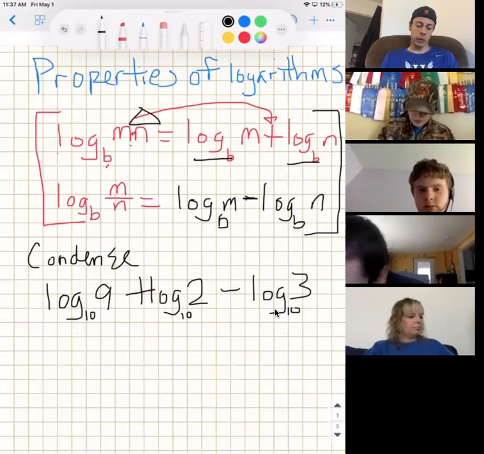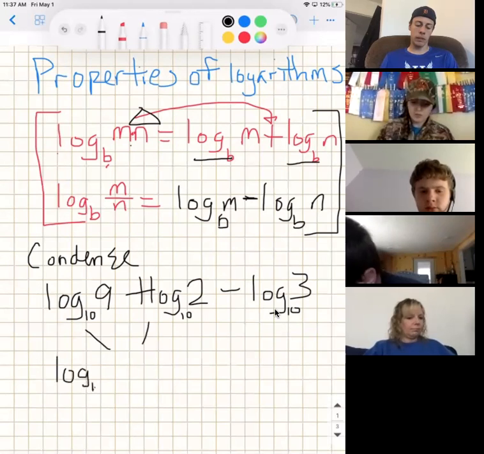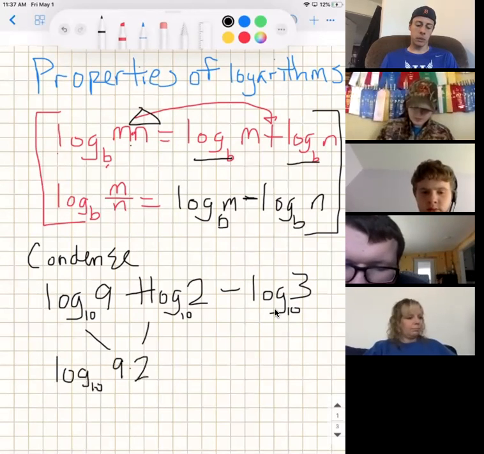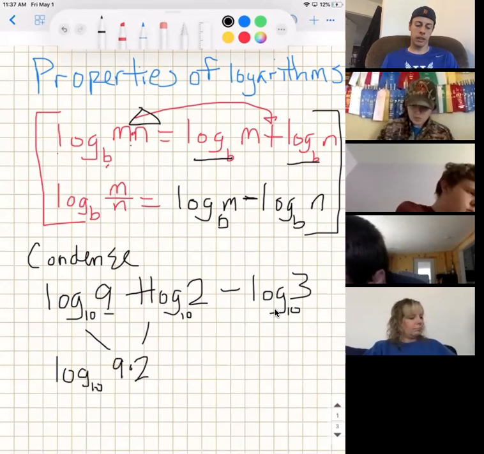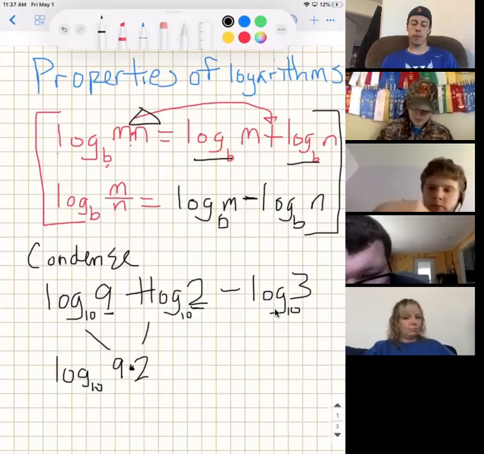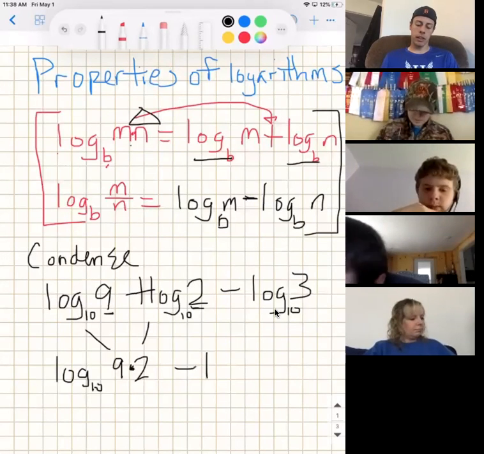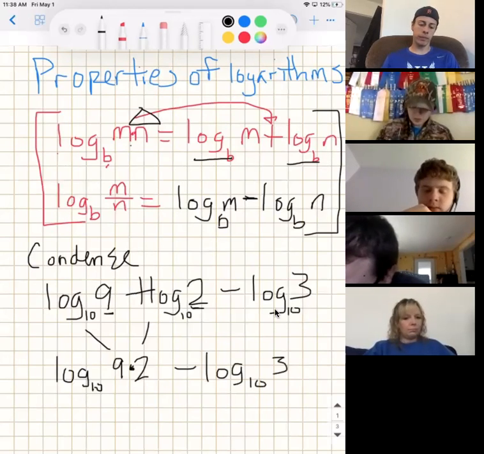So in this case, if we combine these two, we can put it into one log, and then this would be 9 times 2, okay? We're just taking these two numbers, and since it's addition in the middle, we can multiply them in one log, okay? And then we still haven't done anything with this log base 10 of 3, okay?